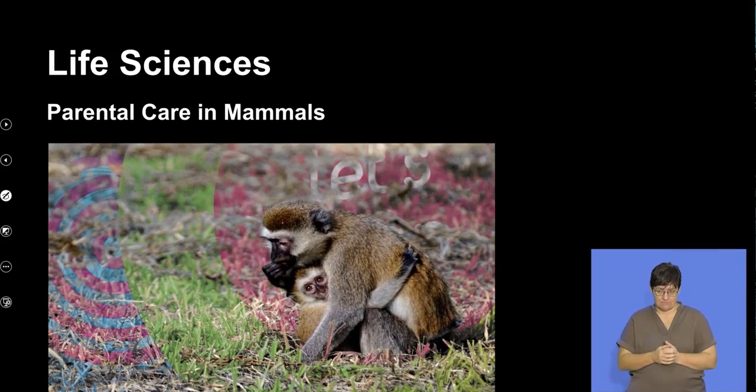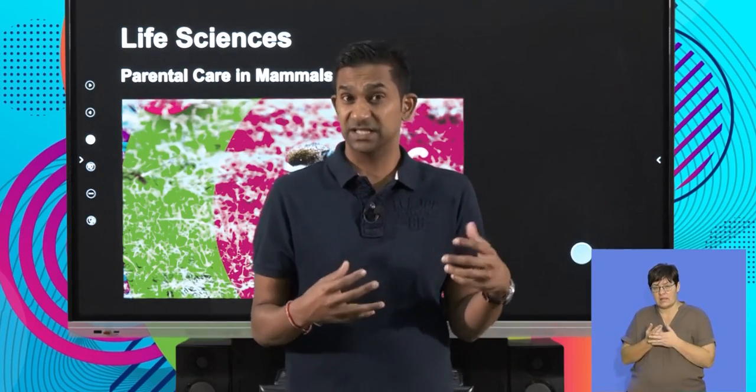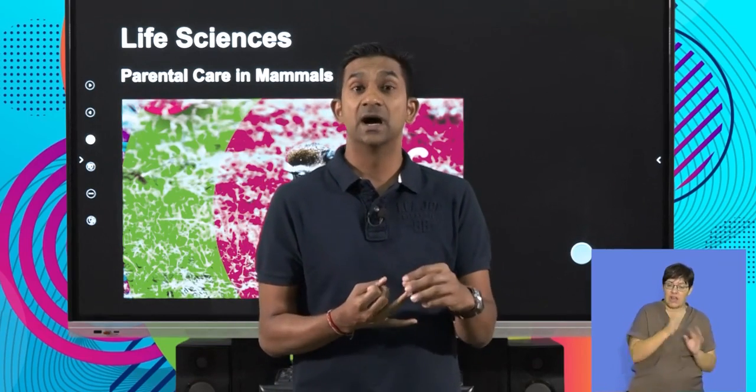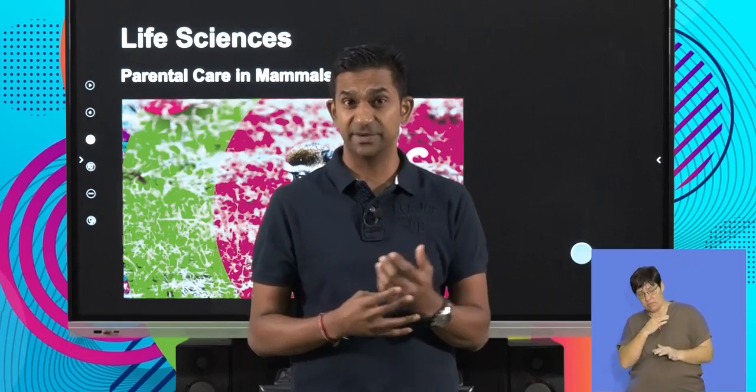We know that mammals show extensive parental care, and that parental care includes feeding the young, nurturing them, and skilling them up with the necessary skills of being able to access food, hunt, as well as protect themselves from danger from predators.